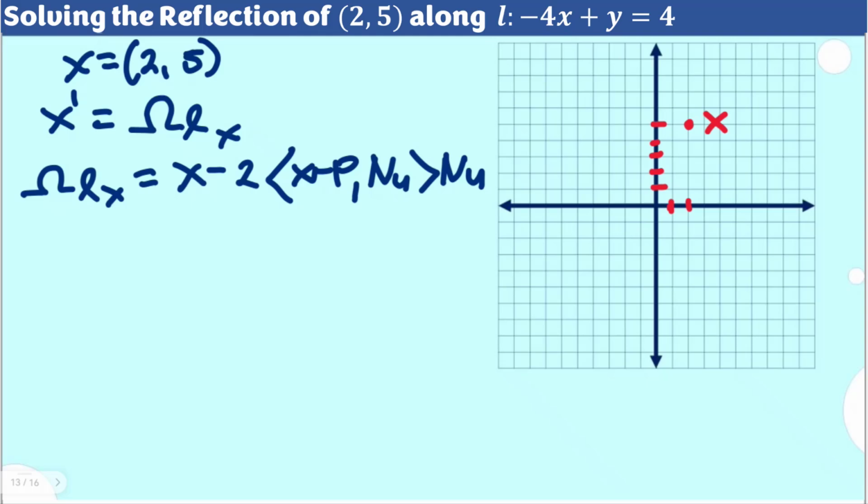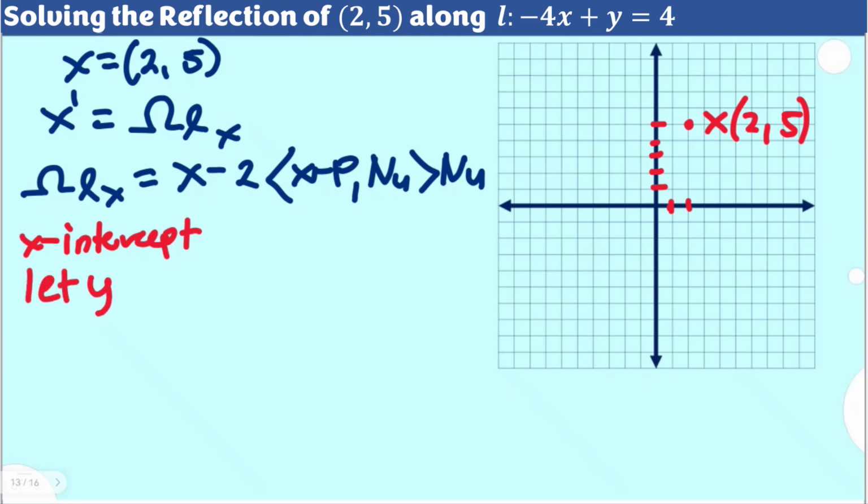So again, our point X is at (2, 5), and our line is negative 4x plus y equal to 4. To graph that on our Cartesian plane, let us use the intercepts. For our x-intercept, again, this is not necessarily needed if you are just solving for the reflection, but for illustration, let's have this. Let y equal 0.